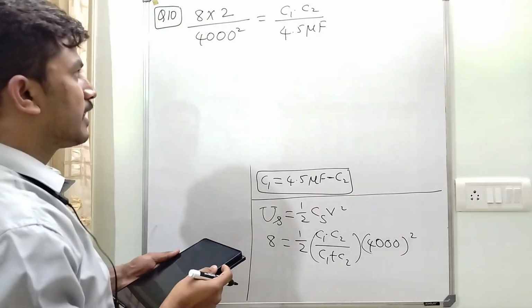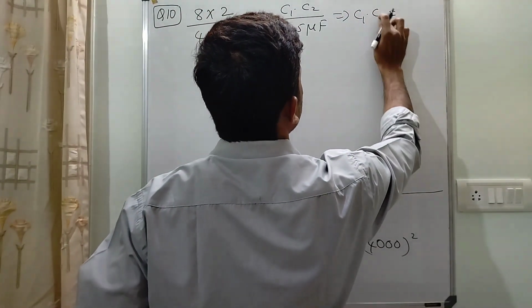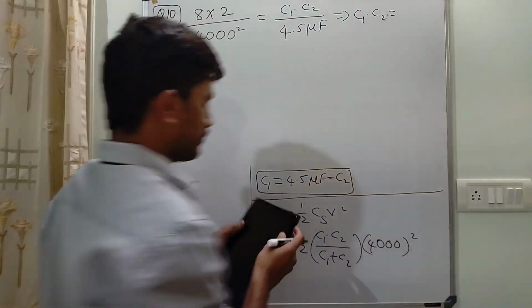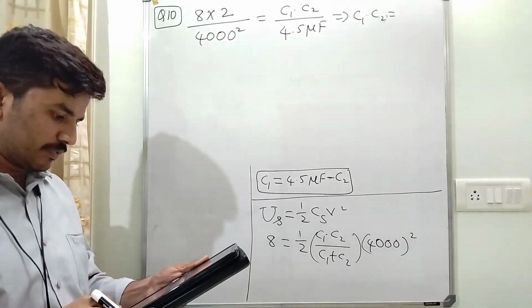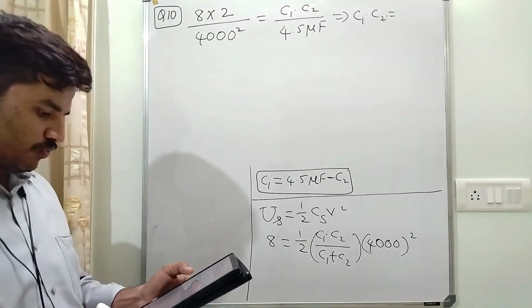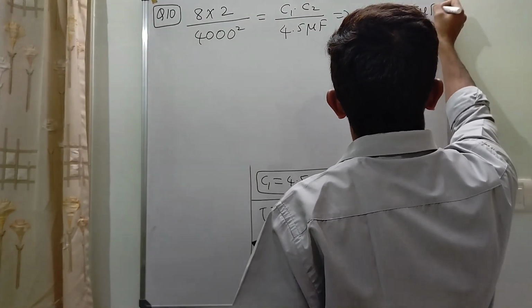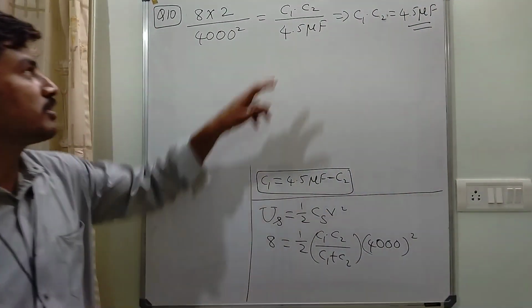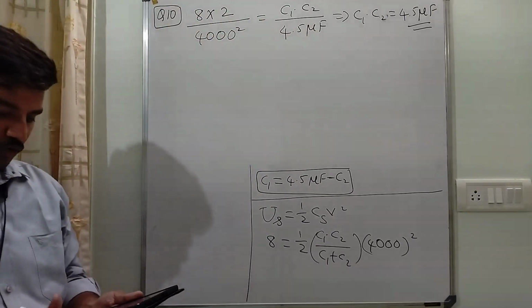So if you solve that, you will get C1 C2 as 4.5 microfarad. You solve this, this will come this side, you will get 4.5 microfarad.